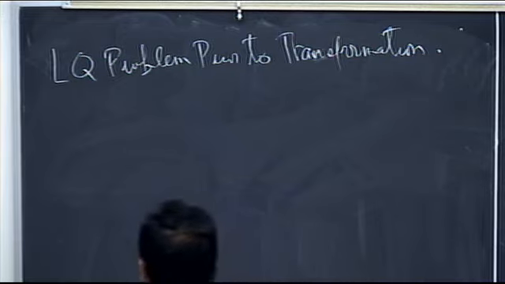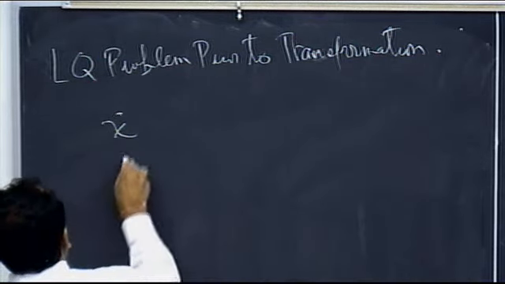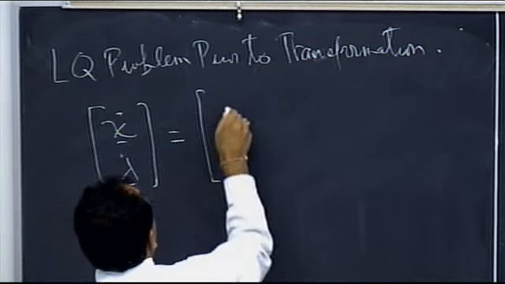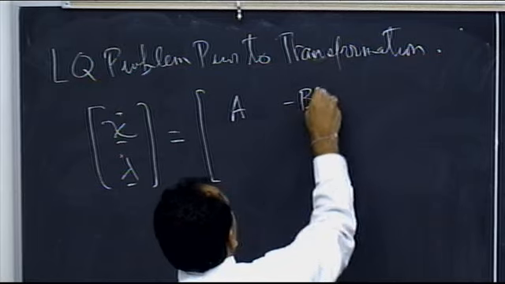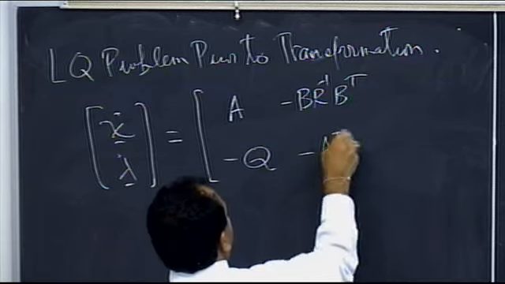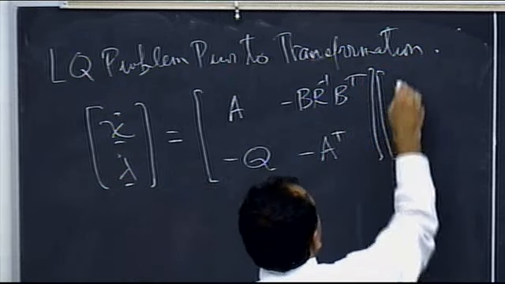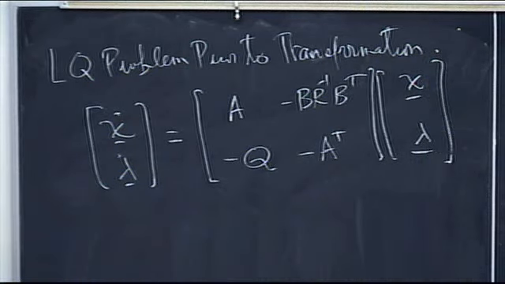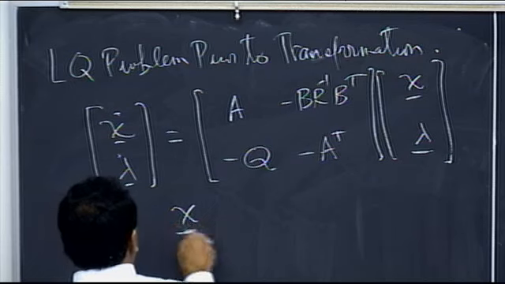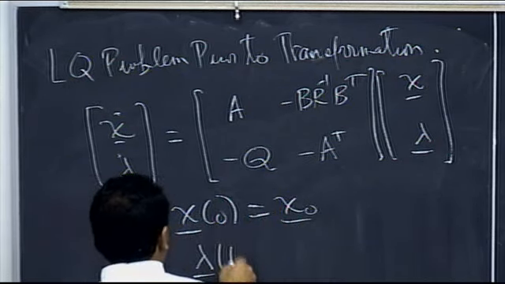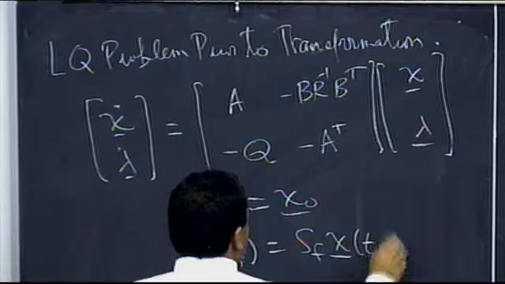If you look at that problem, you've got x dot, lambda dot equal to the matrix A minus B R inverse B transpose, minus Q and minus A transpose. And I have the conditions that x at 0 is equal to x0 and lambda at TF is equal to SF x at TF.